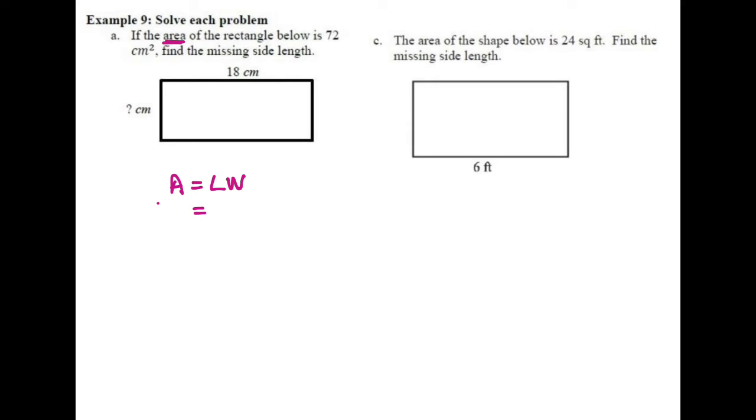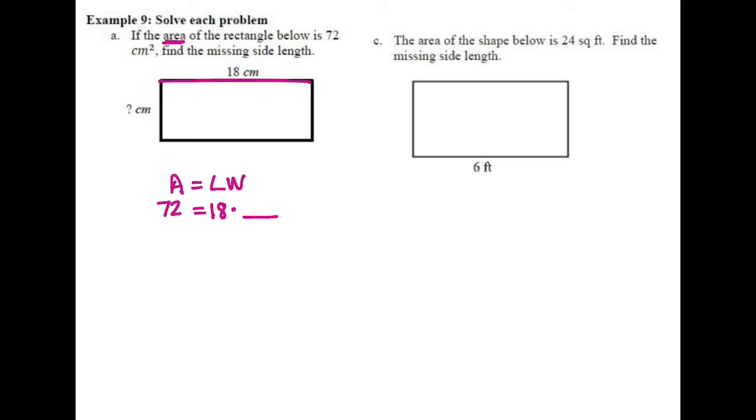We know area this time is 72, and we know one side is 18. But we don't know the other side, do we? So our job is to figure out what goes in the blank so that 18 times something gives me 72.